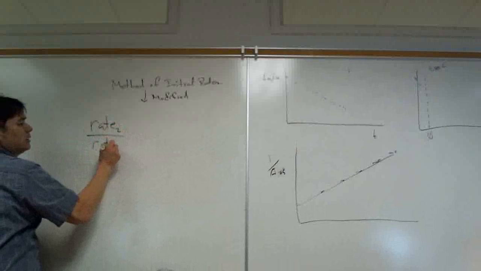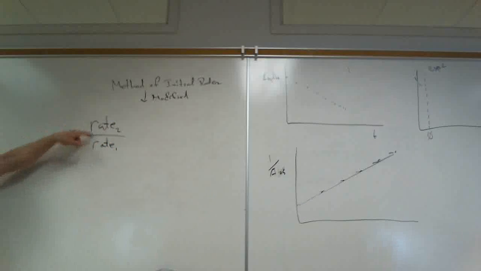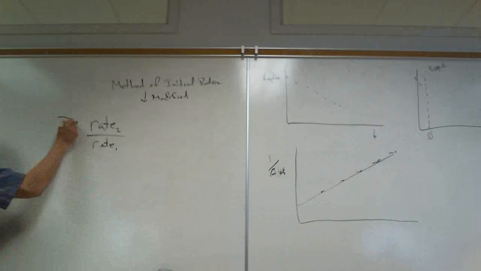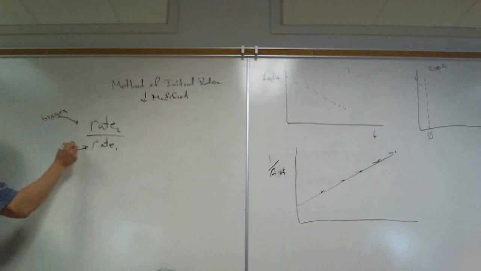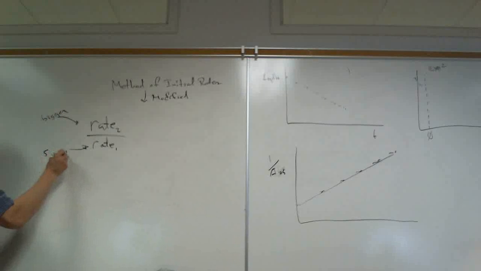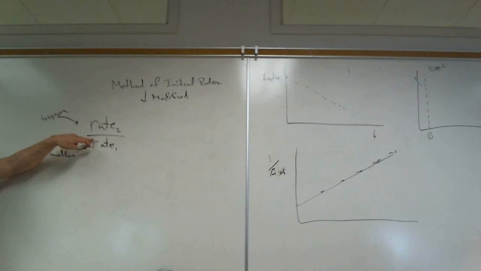Usually we like to have the bigger rate on the top, the smaller rate on the bottom. And so normally we see, did the rate double, 2-fold, 4-fold, or stay the same, as far as the ratio goes.